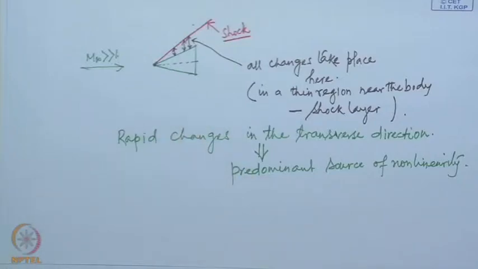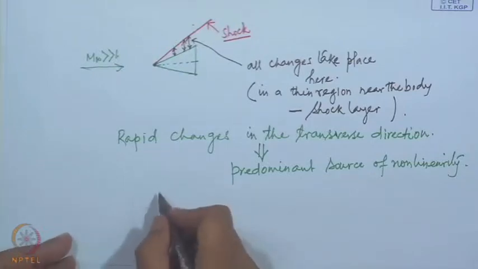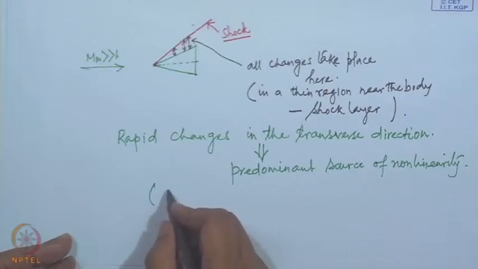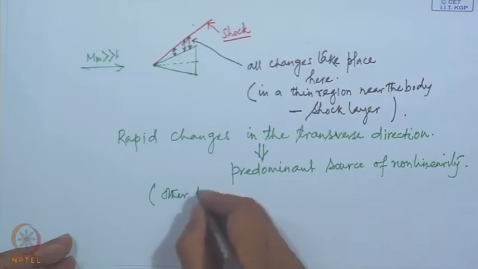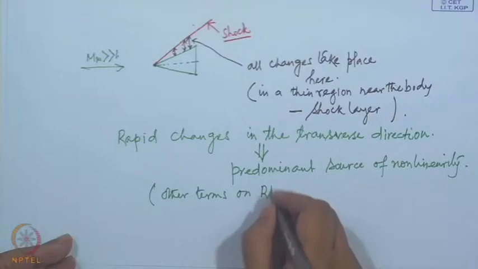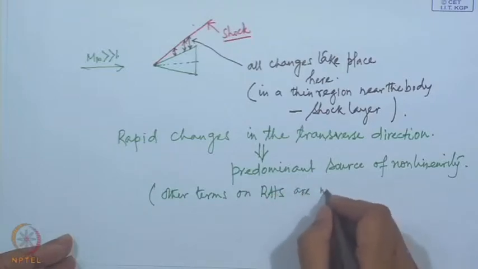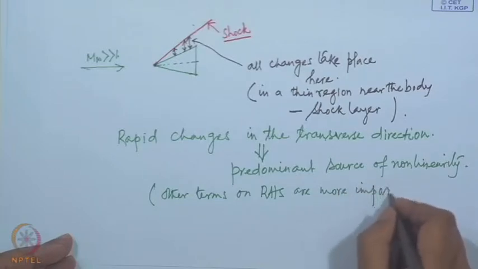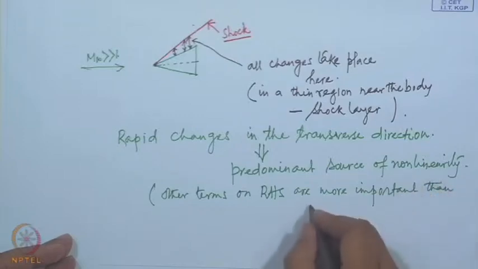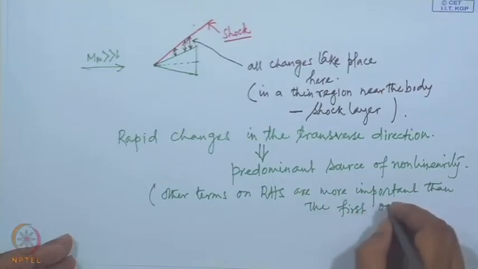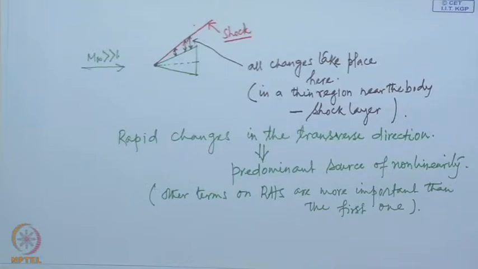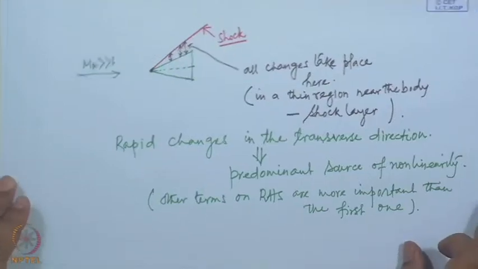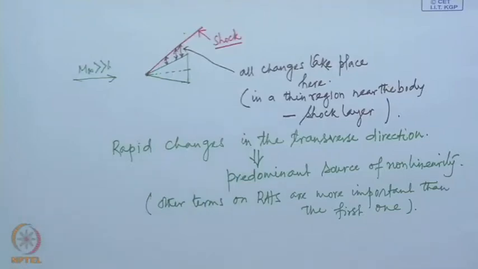The other terms on the right hand side are more important than the first one, showing that the term responsible for transonic nonlinearity can possibly be neglected in hypersonic flow, because the other terms are much larger. There is very rapid change in the transverse direction.